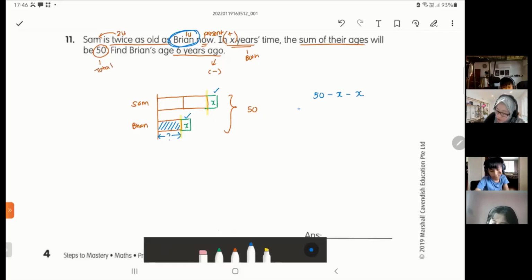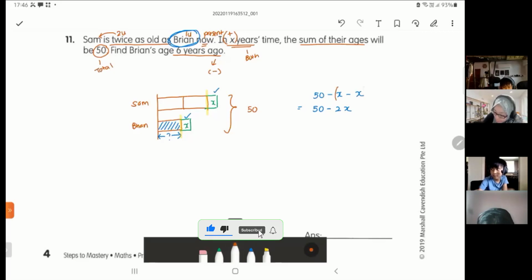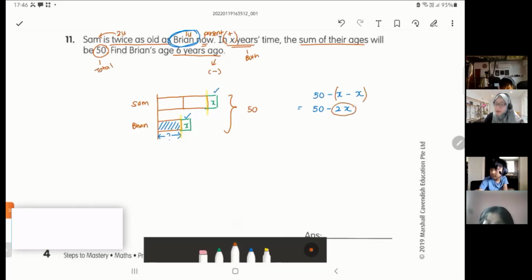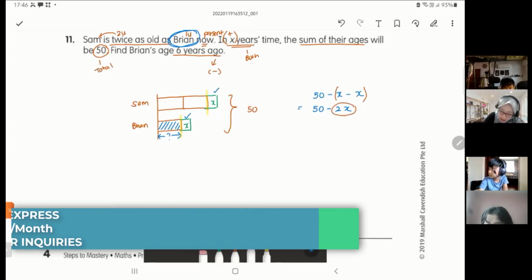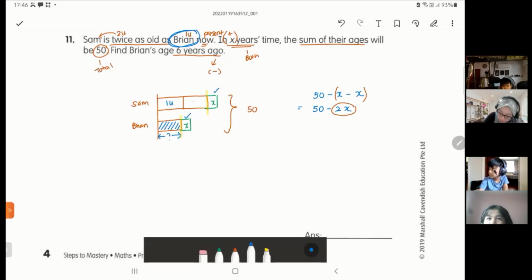So this is actually 50 minus 2x. Understand? This x and x, I can add up and it becomes 2x. So once I minus my 2x, I will be getting this 1 unit, and also this 1 unit.